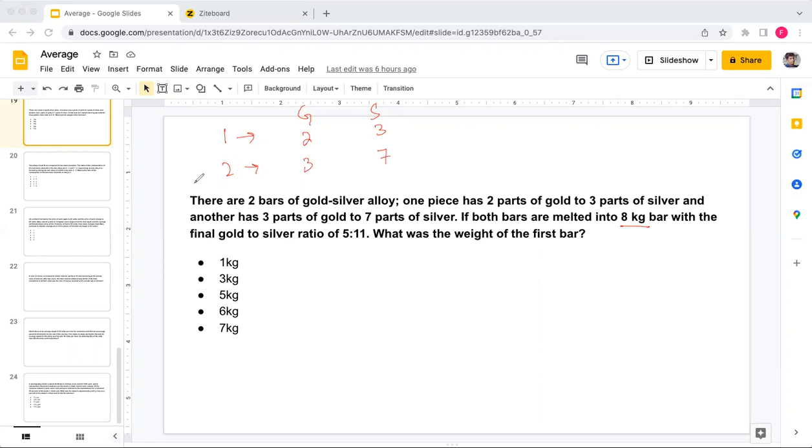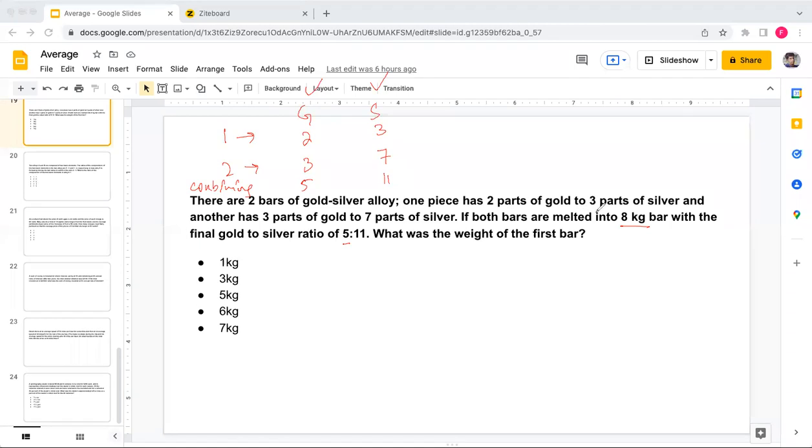And after combining both, the gold is 5 and this is 11. So if you want to solve this question, you can proceed with the gold part or the silver part. You have 2 parts of gold and 3 parts of silver.